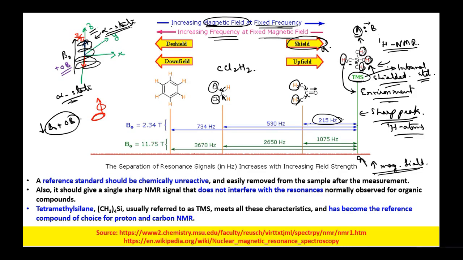Okay. Now again, if you look into this benzene ring, we all know that within this benzene ring there is electron cloud and there are certain unsaturations.